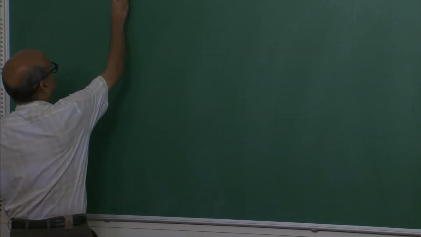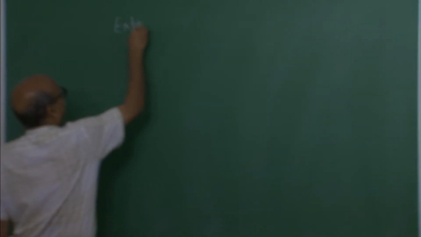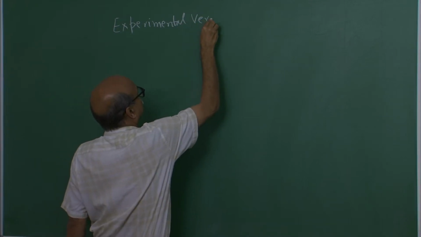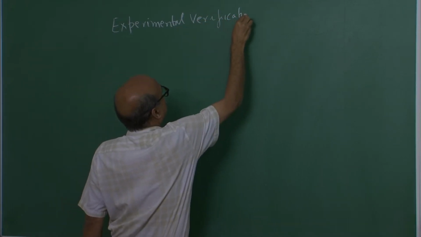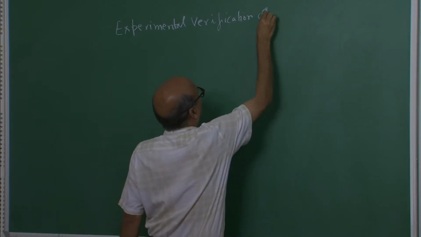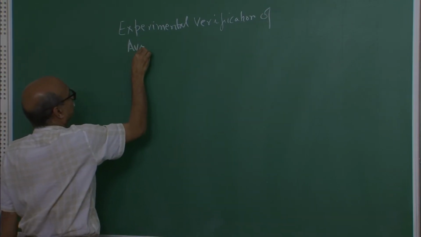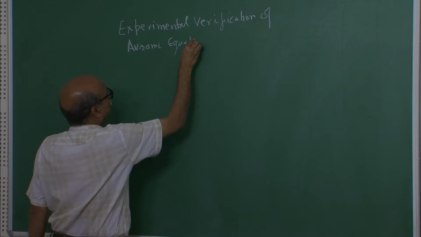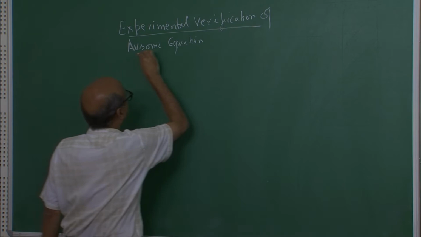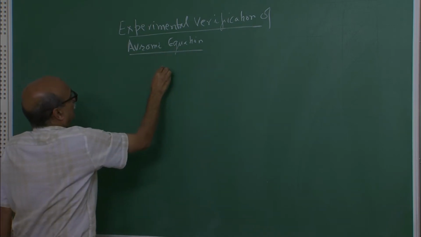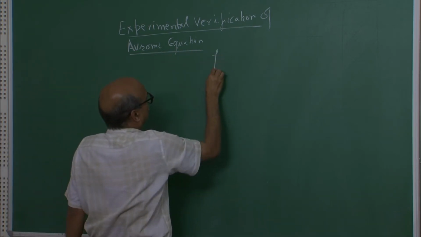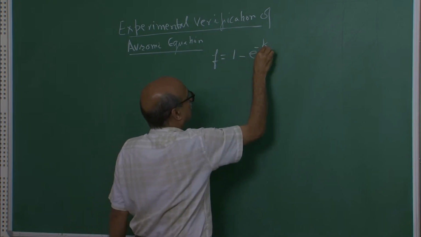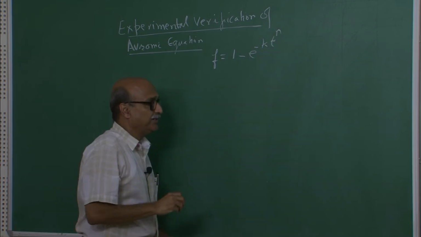So, today's lecture will be focused on experimental verification of the Avrami equation, which is, let me just write the equation here, f is equal to 1 minus e to the power minus k t to the power n.